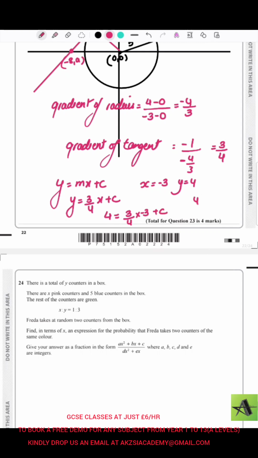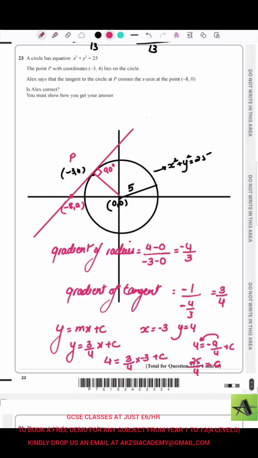So this is 4 equals -9 over 4 plus c. Moving this across, this will give you 25 over 4 equals c. I have just added the fractions: 4 plus 9 over 4, taking the LCM, it would be 16 plus 9 over 4. That will give you 25 over 4. That's the value of c. Now we have our equation of the straight line, which we have calculated as y equals 3 over 4x plus 25 over 4.